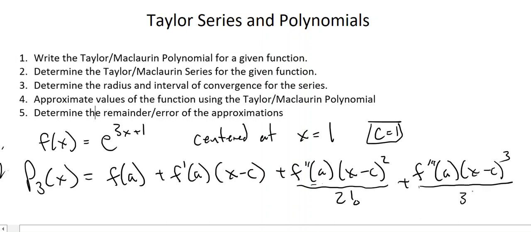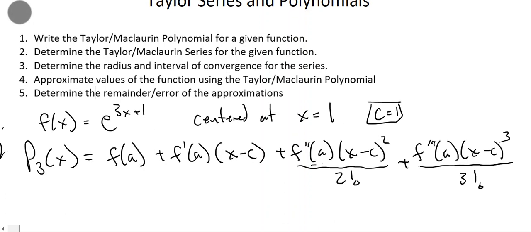And again, the easiest way to remember this is we have all the 3's together. Third derivative, x minus c to the third over 3 factorial. Second derivative, x minus c squared over 2 factorial. And the first derivative, x minus c, is really raised to the first power divided by 1 factorial, which is just 1.